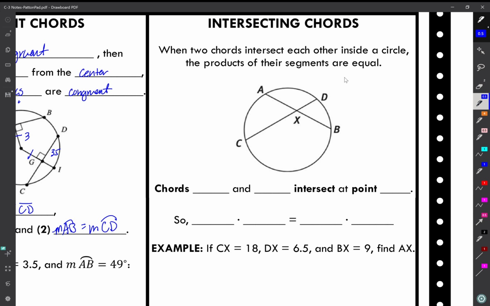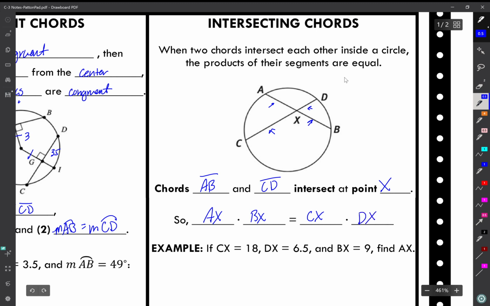So we have chords AB and CD that are intersecting each other at point X. When I split my two chords, I know that this part times this part is going to be equal to the product of the two parts of the other chord. So in essence, this tells me the length of segment AX times the length of segment BX will be equal to the length of segment CX times the length of segment DX.